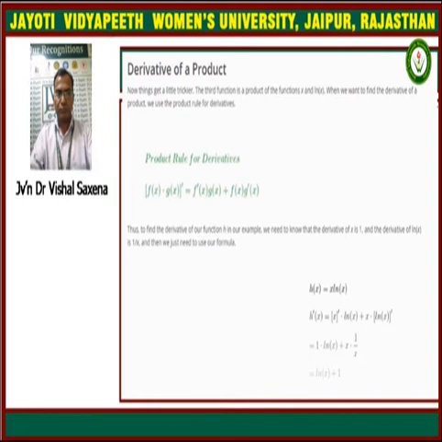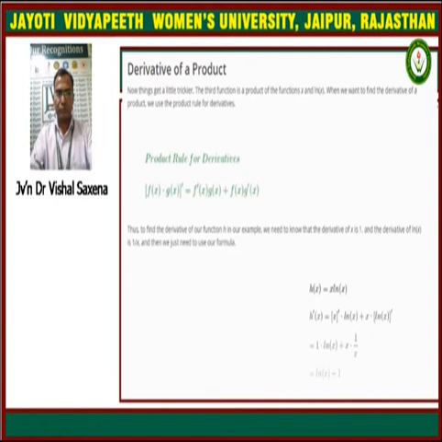Now we can understand this with an example. Suppose a function x log x. It is a function with two functions in multiplication, one is x and one is log x.